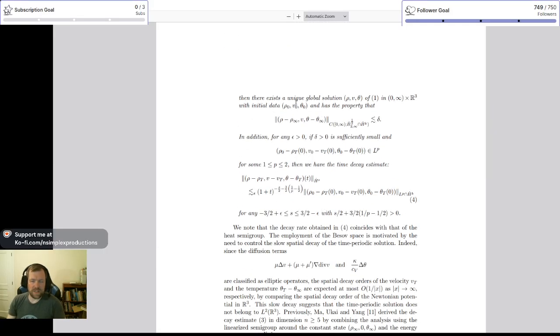Then there exists a unique global solution (rho, v, theta) of the system in (0, infinity) by R3, with initial data rho 0, v0, theta 0, and it has the property that the distances between rho and rho infinity, v and 0, and theta and theta infinity are less than or approximately some tiny value, delta.